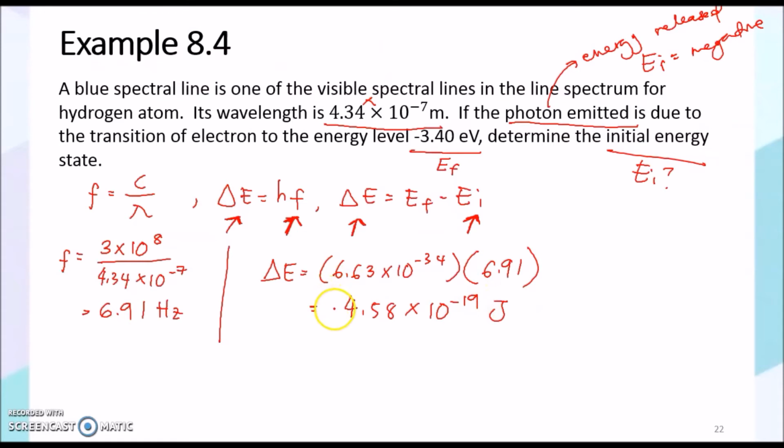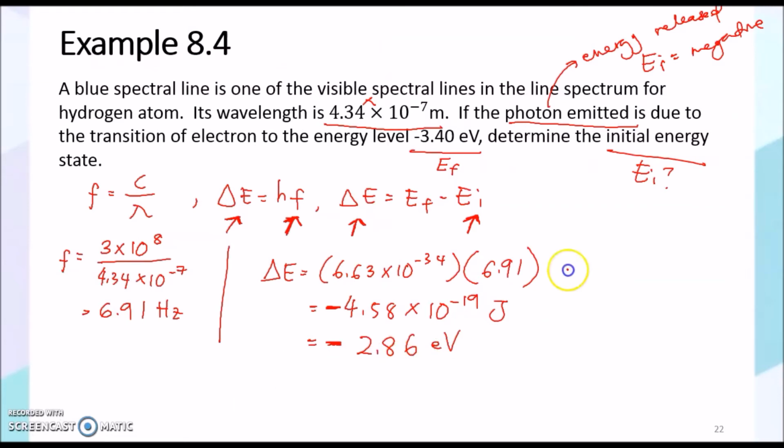Okay, and since the photon is emitted or the energy is released, we put the negative sign here. This value will be in joule, so to convert it into electron volt, divide it with 1.6 times 10 to the power of negative 19. We will get negative 2.86 electron volt.